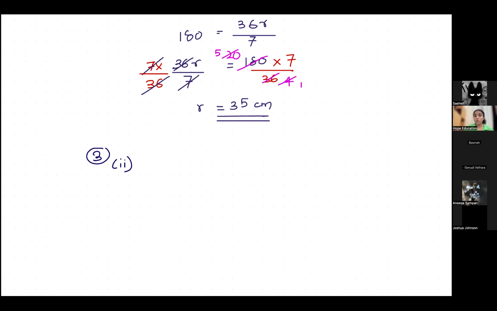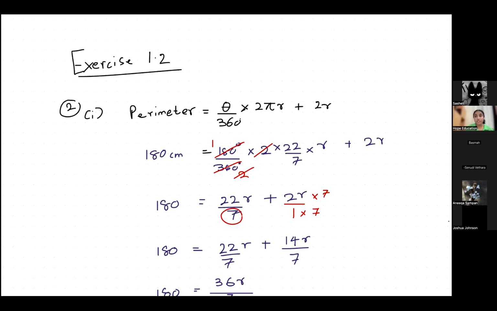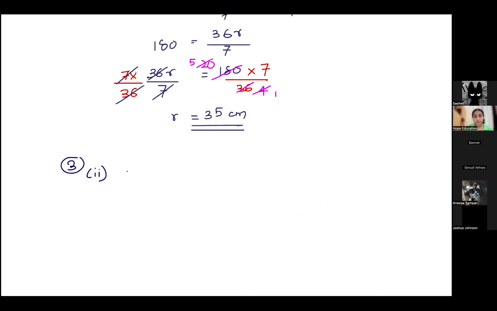Children, you always have to first use this formula: perimeter equals theta over 360 multiplied by 2 pi r plus 2r, right? So I'm going to write that formula here.